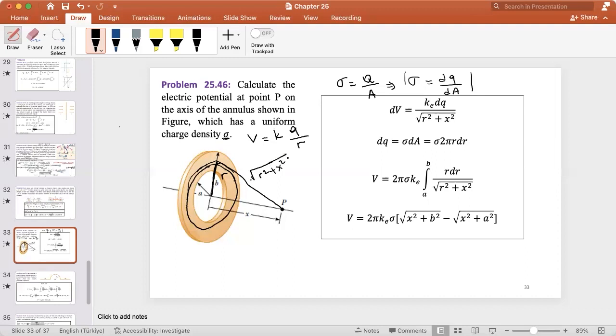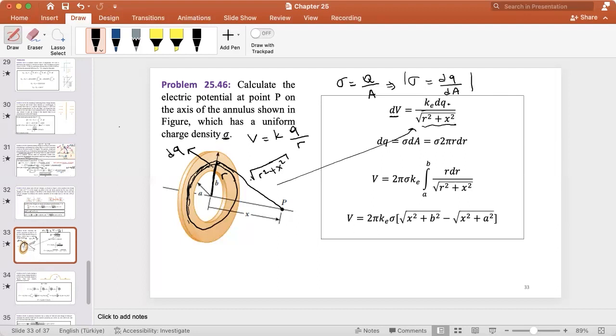Can I write this part here? Of course, I will take a very tiny charge ring. So dV equals k dq. This part has dq charge, a very small charge, and we write its distance, which is this part.